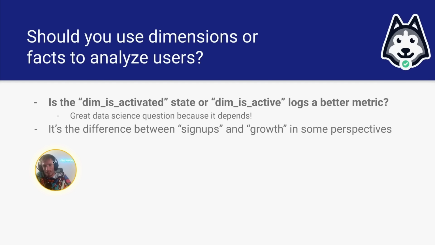I think there's an intuition, probably from most of the people in this presentation, that active users is the more valuable of the two. But activated also matters, and a lot of times you might use both together, because imagine active users divided by activated users, so you can see the percent of users who signed up who are active.